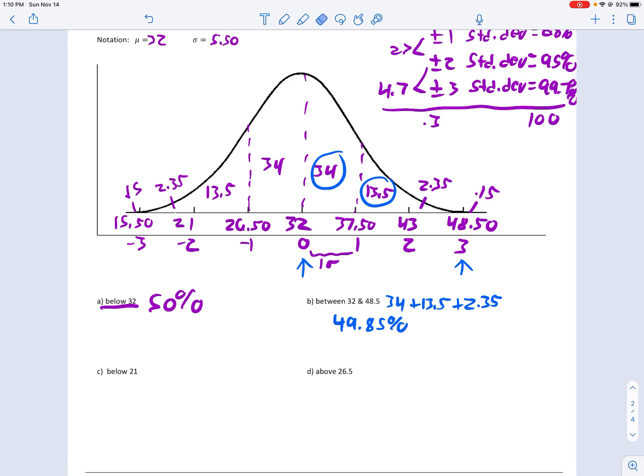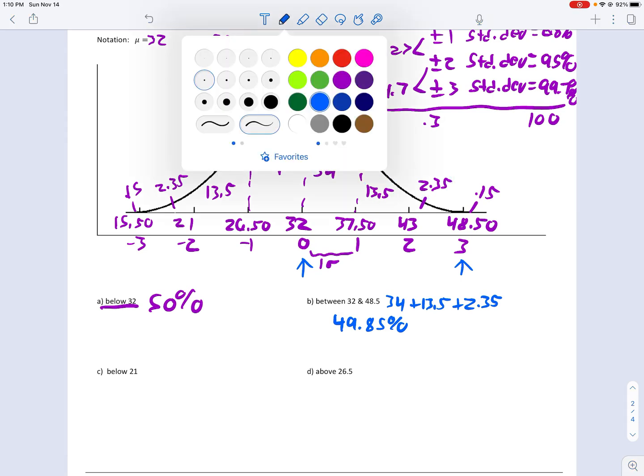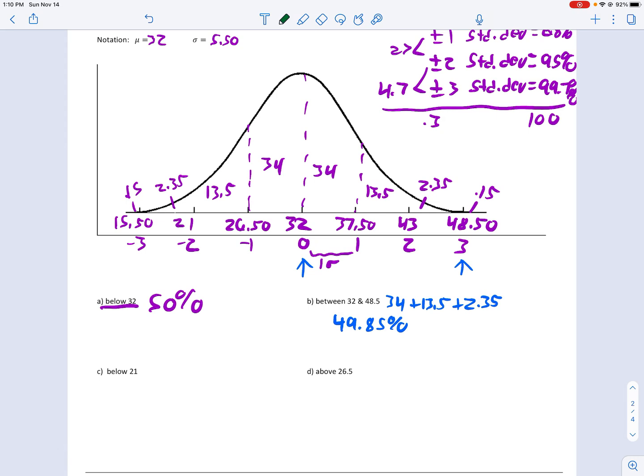Now, some of you might be thinking, what if we just took 50% and subtracted 0.15? Could we do that? Yeah, because this entire top half is 50%. I'm cutting it off at 3 standard deviations, so I could have just subtracted 0.15, and you would have gotten the same answer. Either way works. There are usually a couple different ways you can find these answers, by adding or subtracting, depending on what you see and what you understand the best.